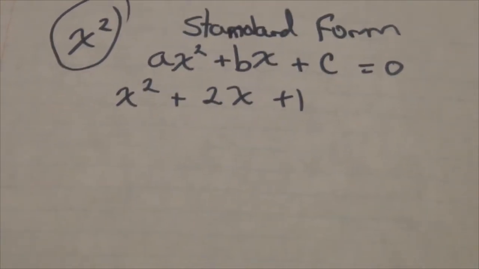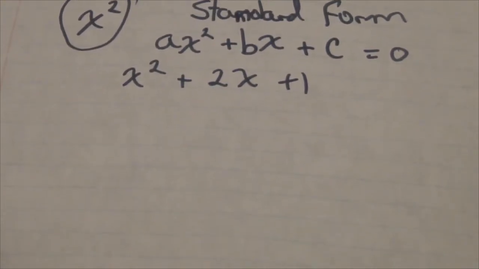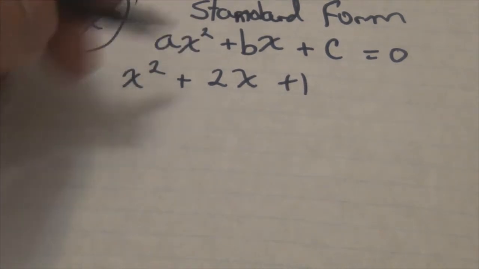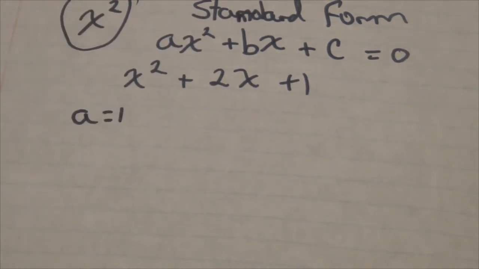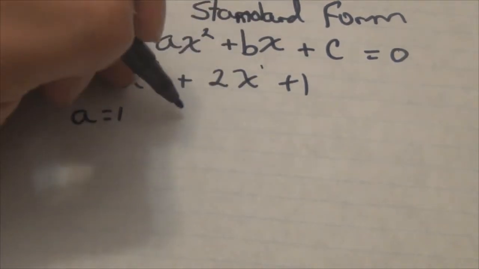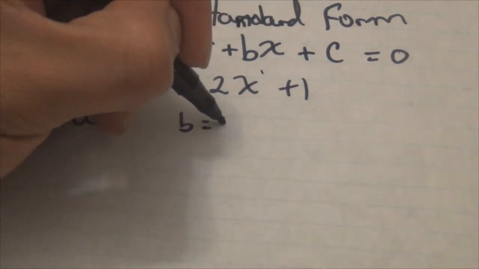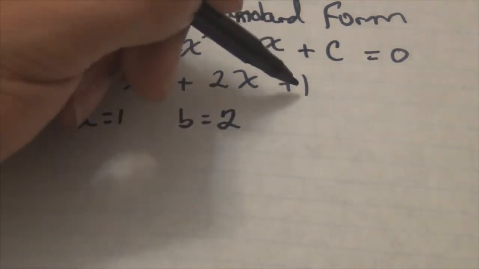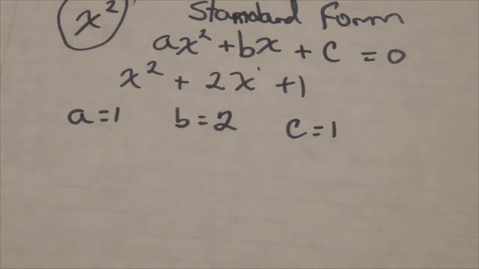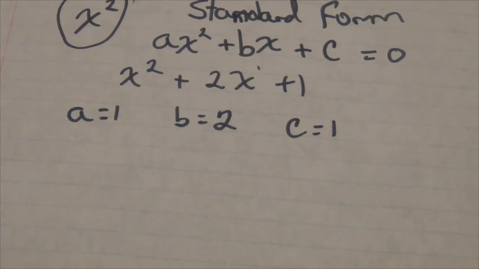If you need to identify which one is a, b, and c: a is the coefficient of x squared, which in this case is 1. b is the coefficient of x to the first power, which in this case is 2. And c is the constant, the number that doesn't go with any letter. So there you have it. If you need more help, then rewind it and look at it again, because it will not change.